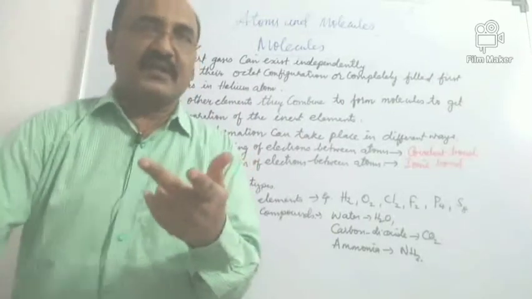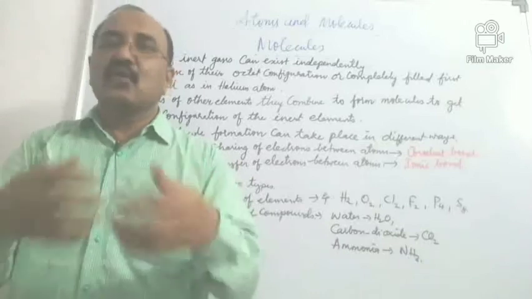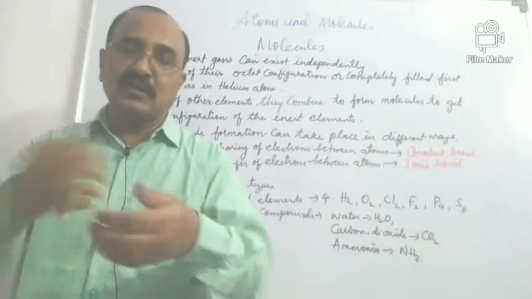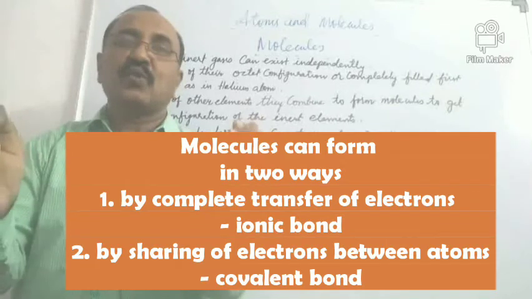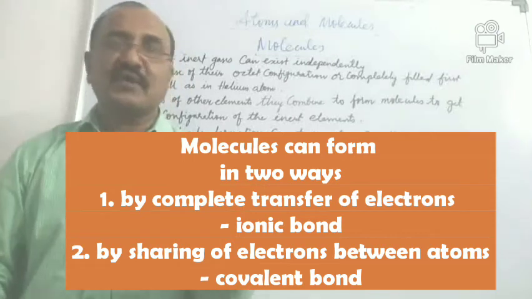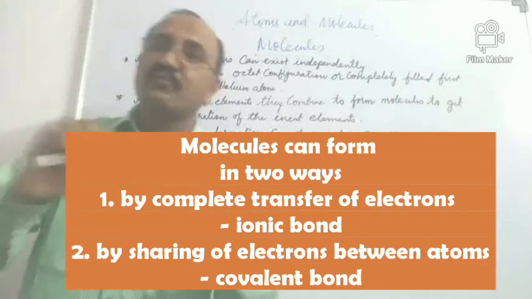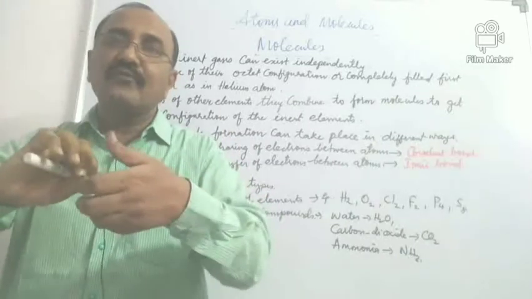The electrons between the atoms can be shared, where both of the atoms of the elements involved share the electrons and result in the formation of what is called a covalent bond.